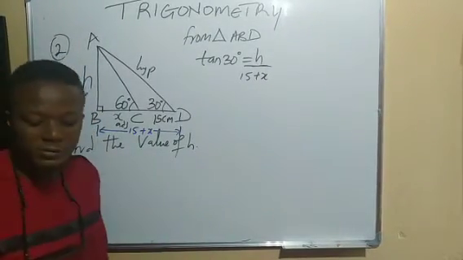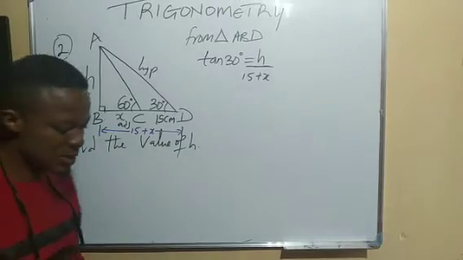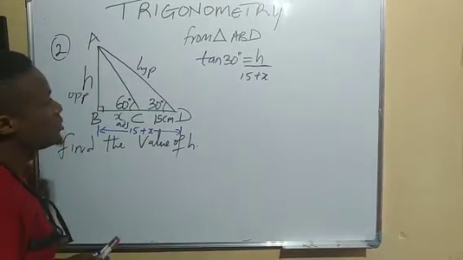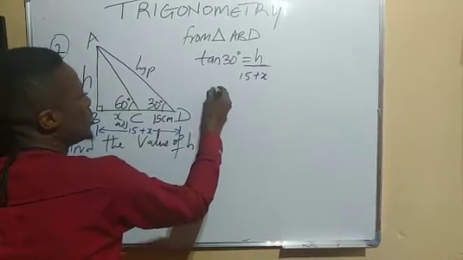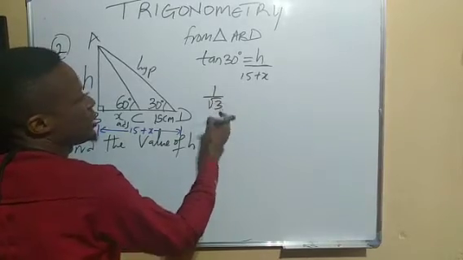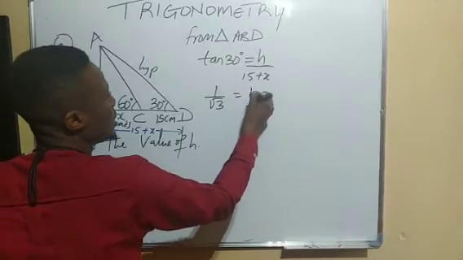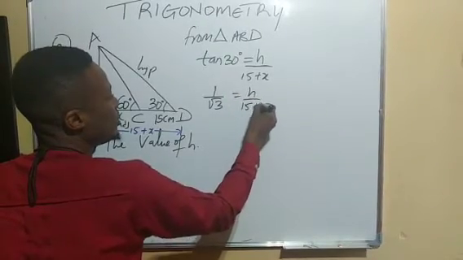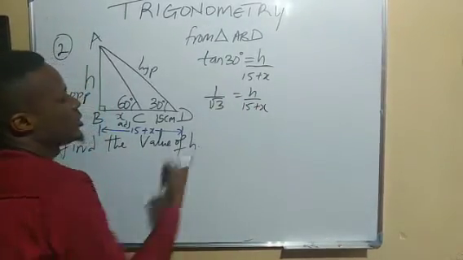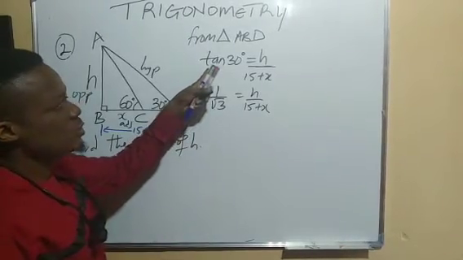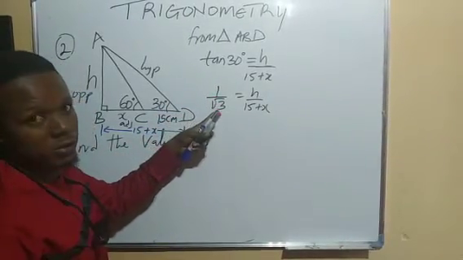Okay, so what is the value of tan 30 degrees? Tan 30 degrees is 1 over root 3, so I'll use 1 over root 3 to represent the value of tan 30 degrees, equals h over 15 plus x. Cross multiply. Remember in the first episode I told you why tan 30 degrees is 1 over root 3.